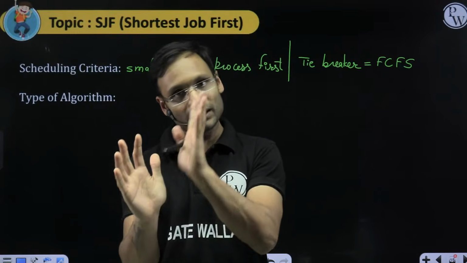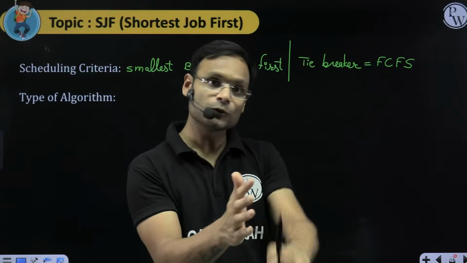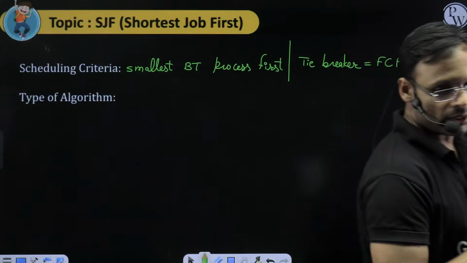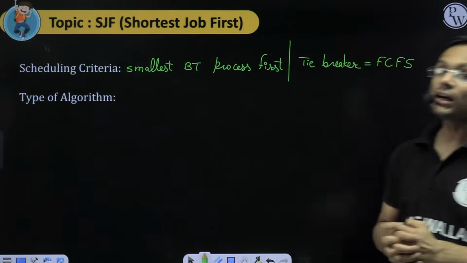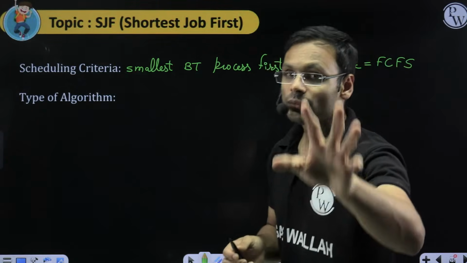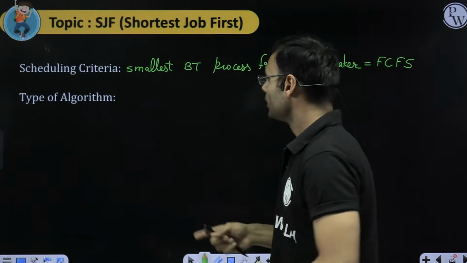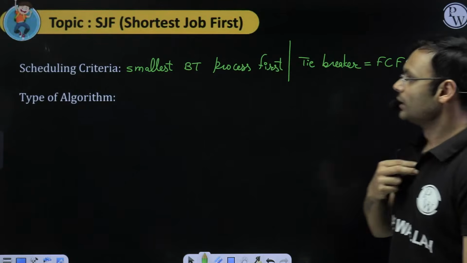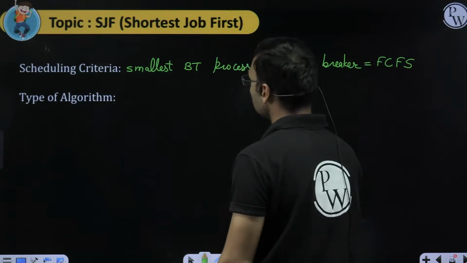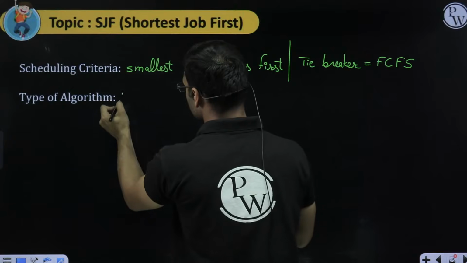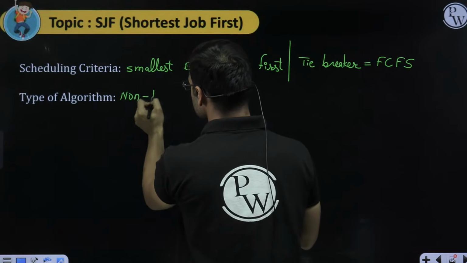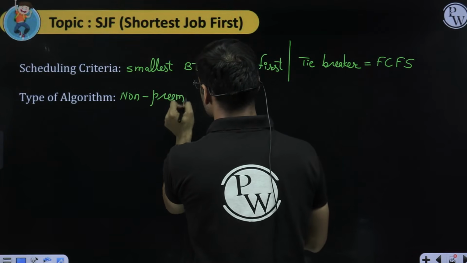So burst time, if equal, then arrival time, that also equal, then process ID. Don't directly jump for the arrival time. Don't directly jump for the IDs. First check the arrival time, okay? FCFS arrival time first. Type of algorithm, again this is non-preemptive algorithm. You cannot preempt a process after scheduling.